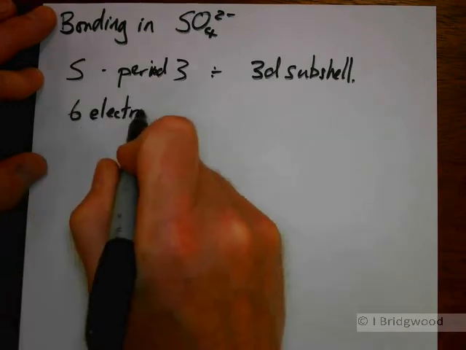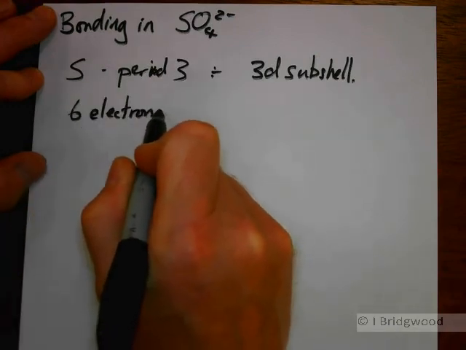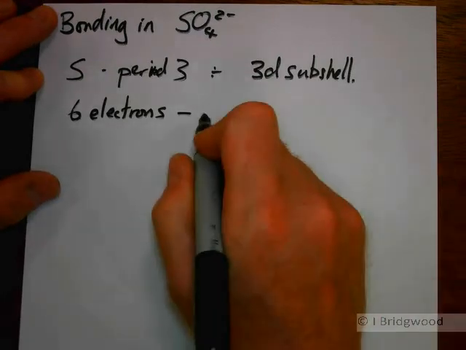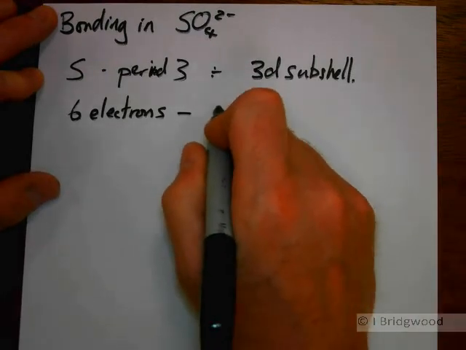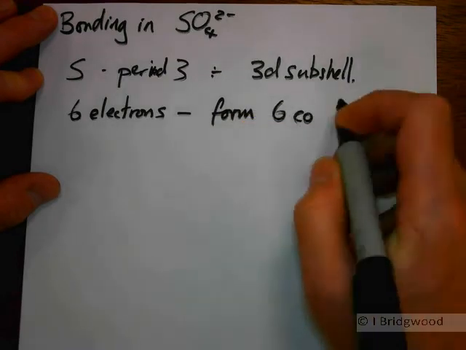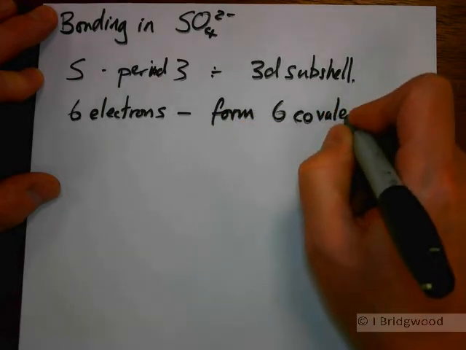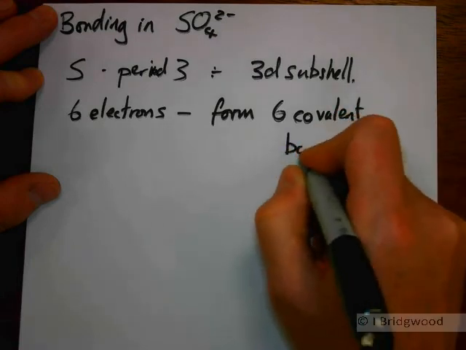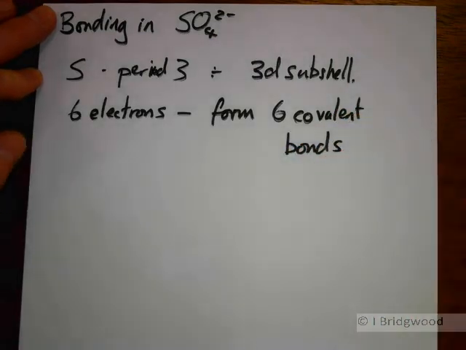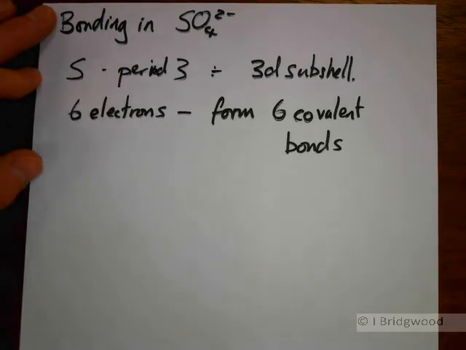But sulfur, of course, has 6 electrons at the moment as an atom, and they're all available. It could form potentially 6 covalent bonds. It doesn't always. Sometimes it forms 2 or 6 or possibly even 4 at times.